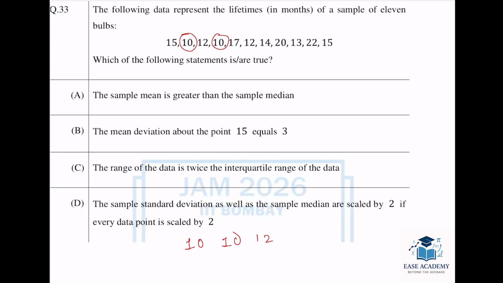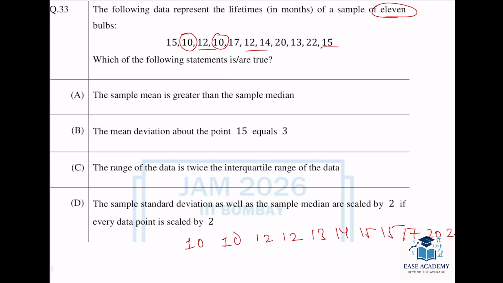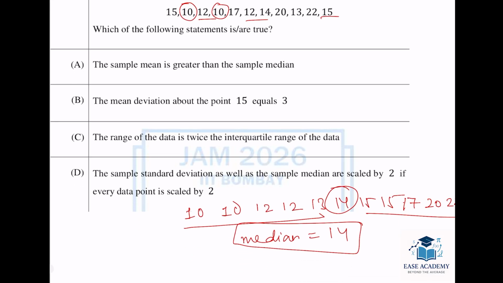Next 12, 12, that is this. 13, 14, 15 is 2 times, then 17, then 20, then 22. So there we have a sample of 11 bulbs. So the median would be 14, the midpoint, that is 14.